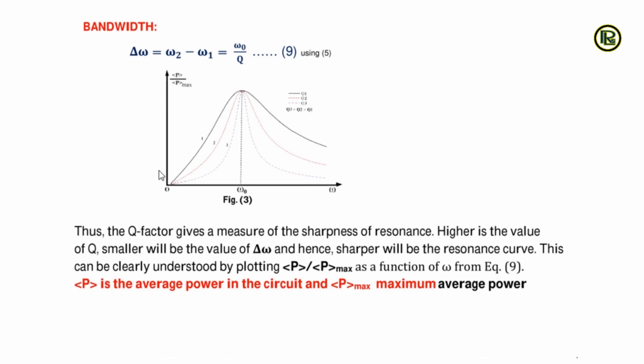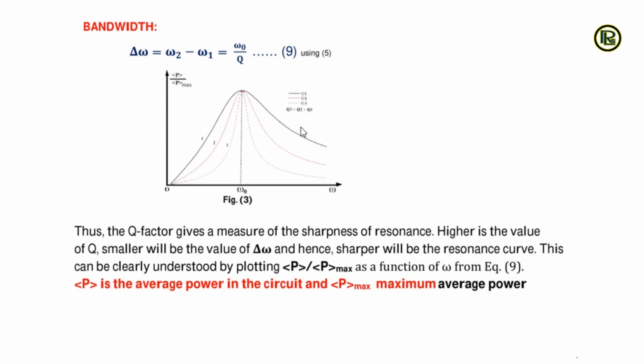See, here I have plotted 3 resonance curves for different Q values. I have taken curve 1, curve 2, curve 3, and the quality factor of curve 3 is the highest, higher than that of curve 2, which is higher than that of curve 1.